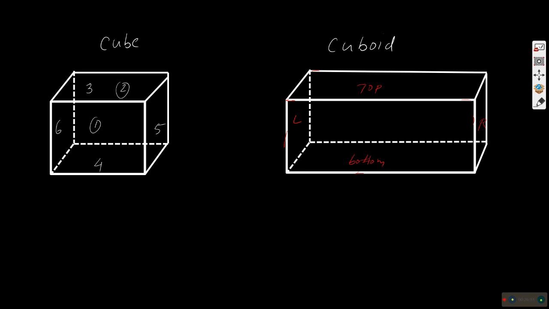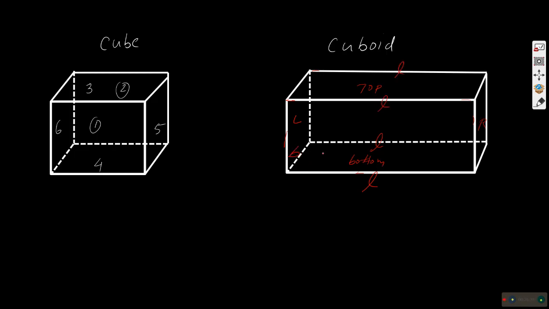If you are asked to find the area of such a cuboid, you need the total of 6 faces, but among these 6 faces there are 3 pairs of faces. If I write length over here, this is length, this is length, this is length, this is length. Understood?